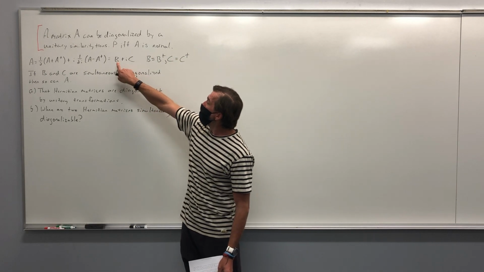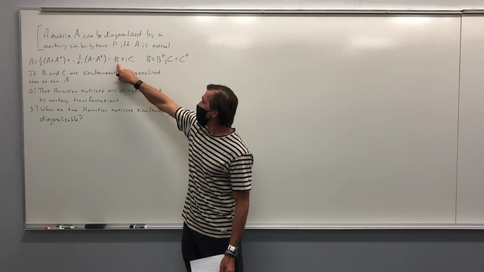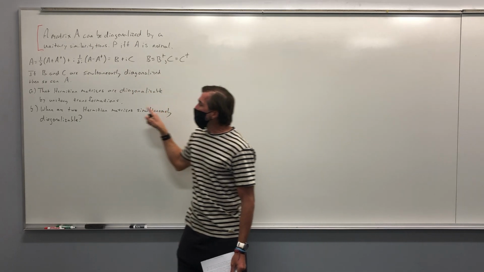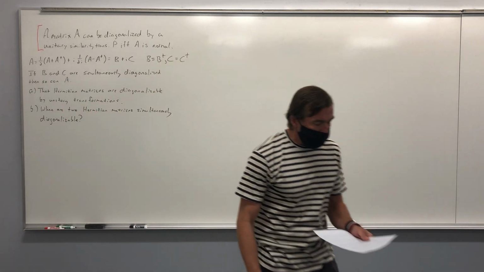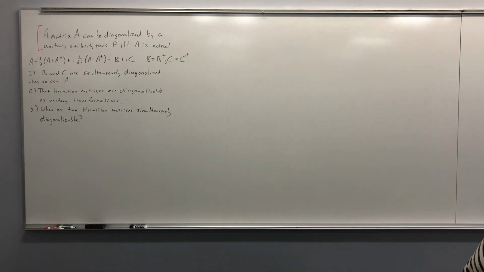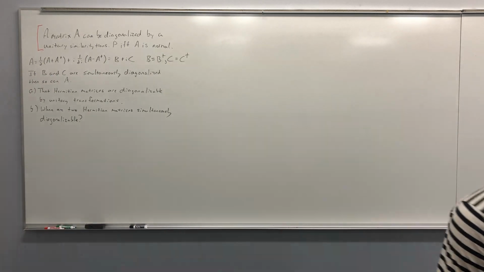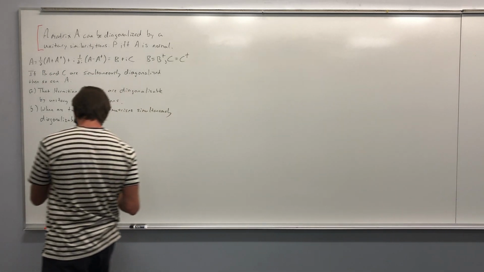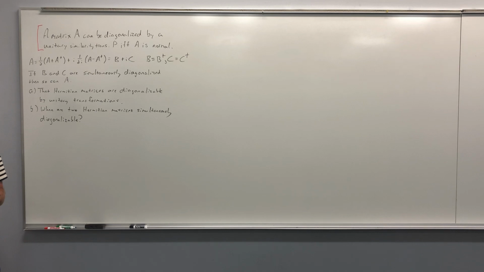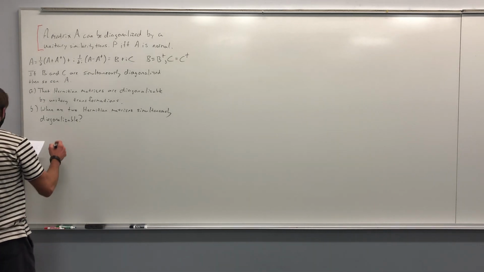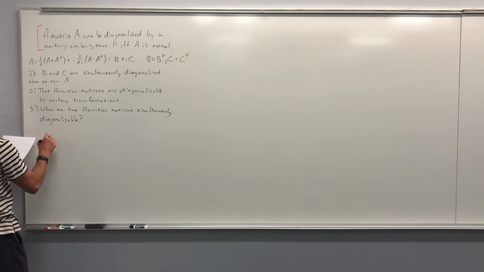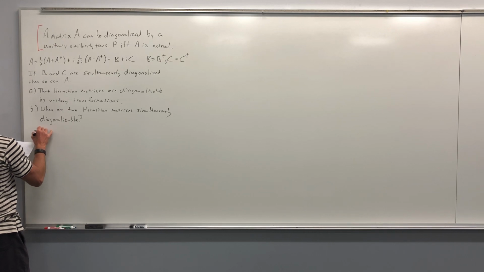So that tells us that B can be diagonalized by a unitary similarity transformation, and so can C. The final part of the proof is addressing question B. That is, when do you know that you can simultaneously diagonalize two hermitian matrices? So I'm going to start with a theorem that we'll use in the proof of the answer to this question. So here we go.